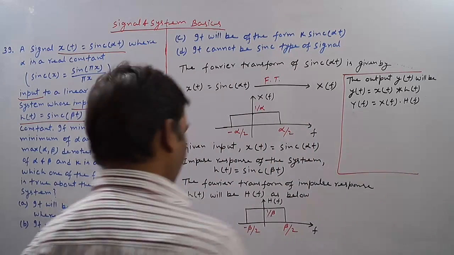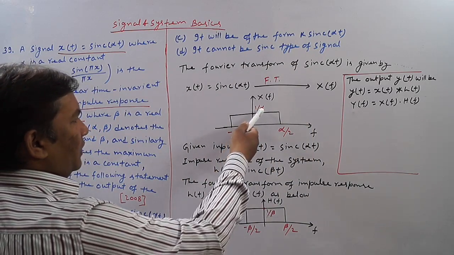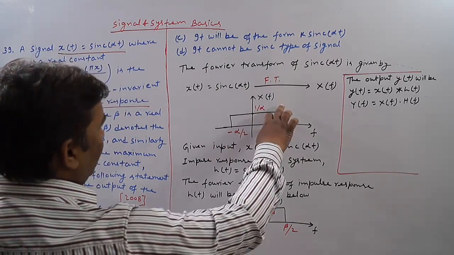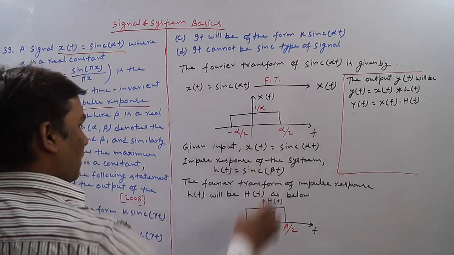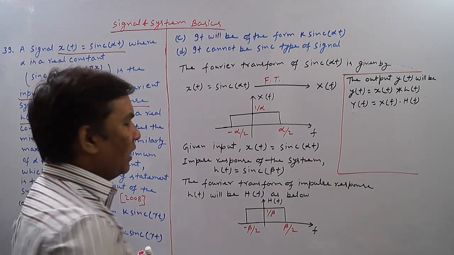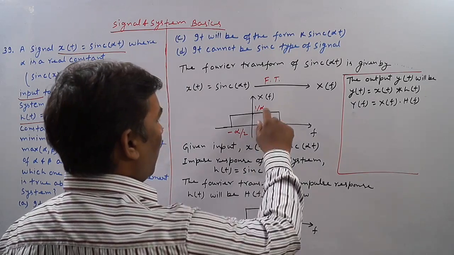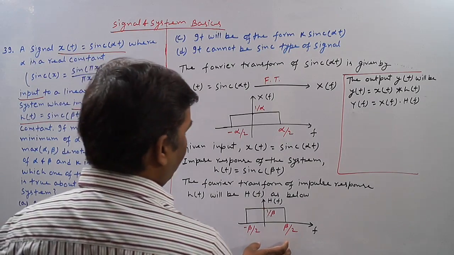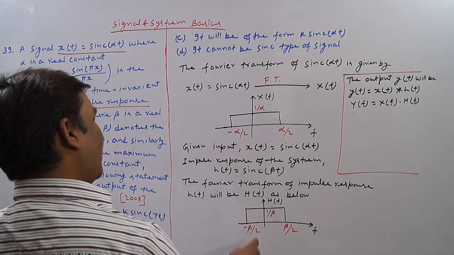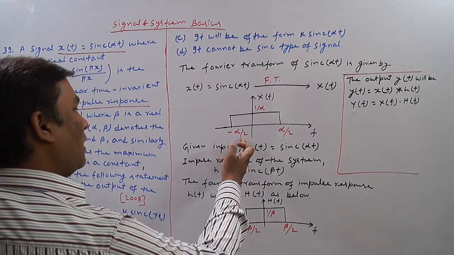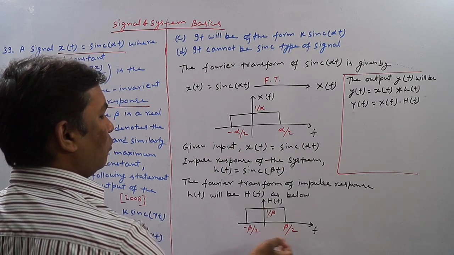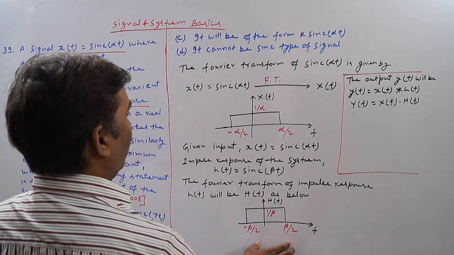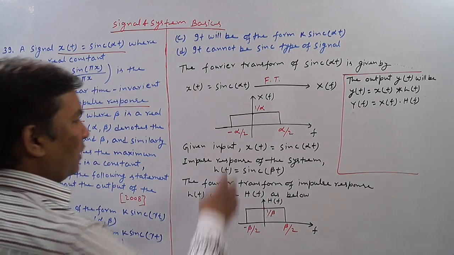Now the graphs of X(f) and H(f) are both given, and if we multiply these two terms, we will get a graph with magnitude 1 by alpha into 1 by beta. So the magnitude will be 1 by alpha beta, and this graph will vary either between minus alpha by 2 to alpha by 2 or minus beta by 2 to beta by 2, and that will only depend upon which one is less.